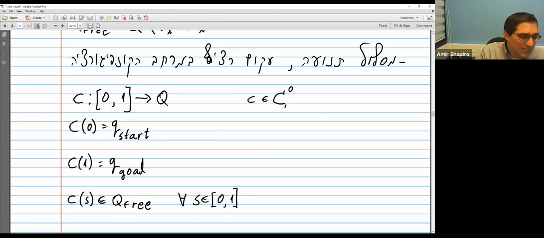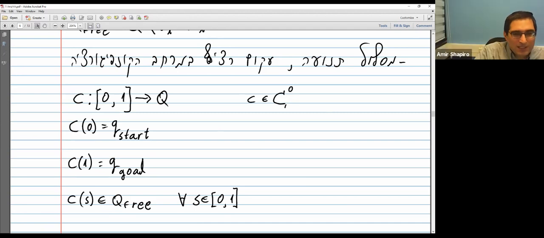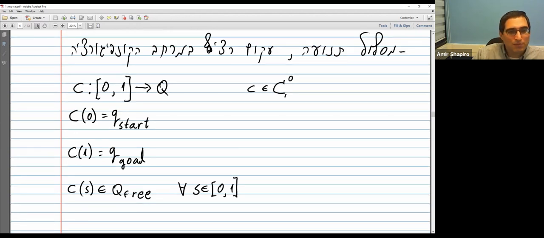It's a number in the range of 0 to 1, including 0 and 1. The set includes the edges, the boundaries. It's a closed set of points.